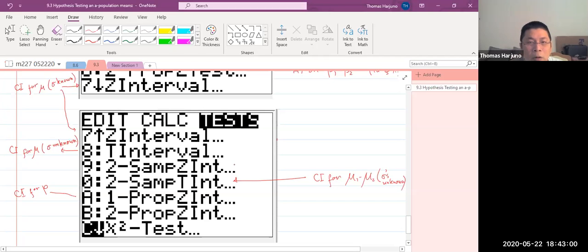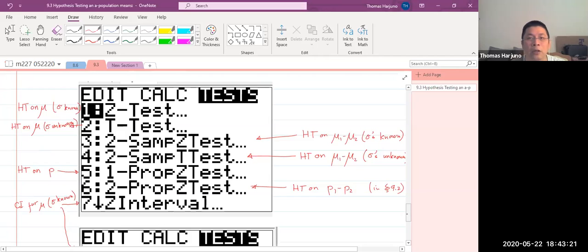And this is the confidence interval for mu1 minus mu2 if sigma is known. Okay, so I think I covered most of them already.